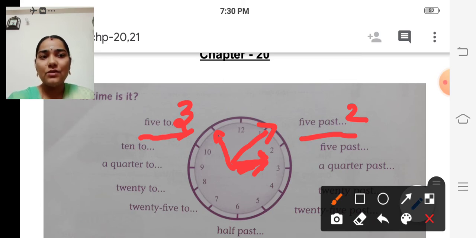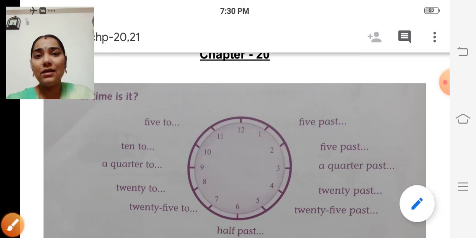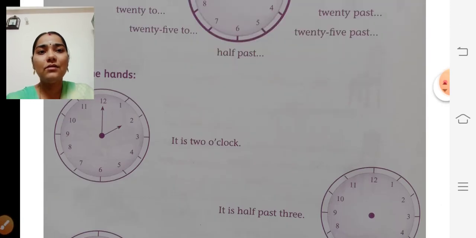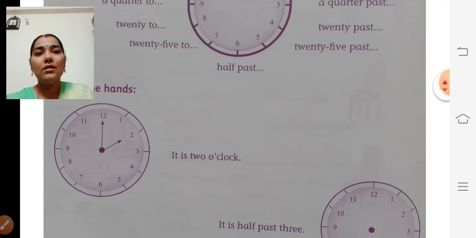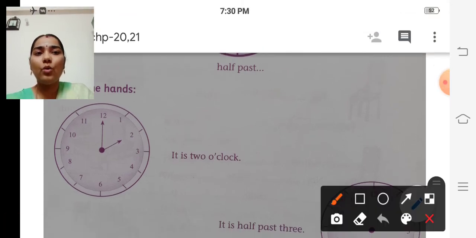Yes. So shall we represent in the clock? See the first picture. It is 2 o'clock. So the hour hand is at 2 and the minute hand is at 12, isn't it?